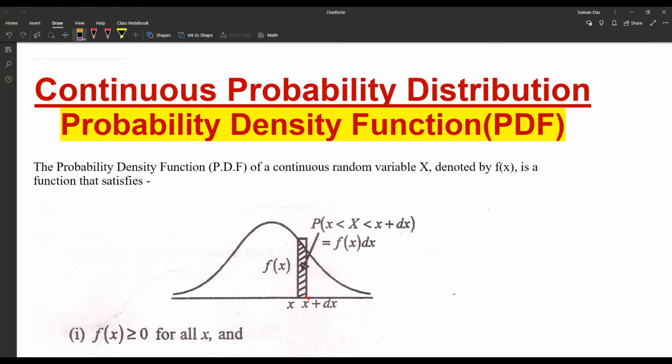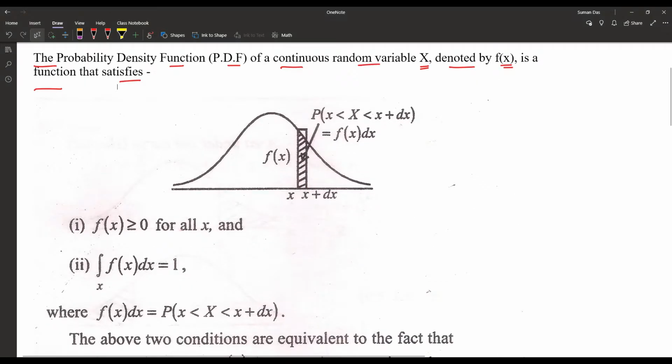two main properties. Number one, f(x) must be greater than or equal to 0 for all x, and the integration of f(x) dx is equal to 1, where f(x) dx is particularly over the lower range from x to the upper range x plus dx.